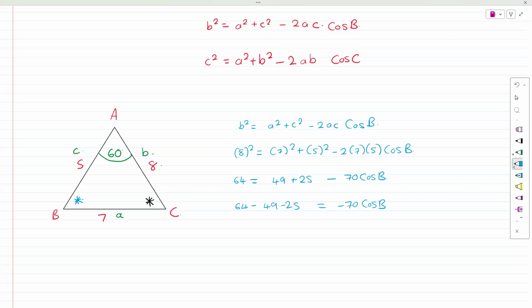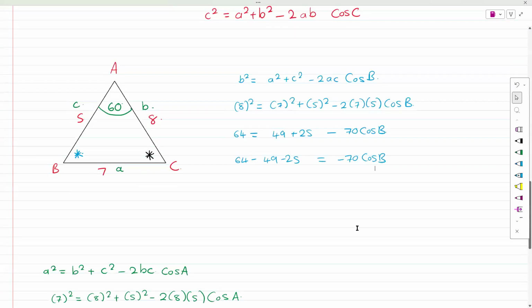So let's deal with it. 64 minus 49 minus 25 is minus. Okay, let me double check. 64 minus 49 minus 25.